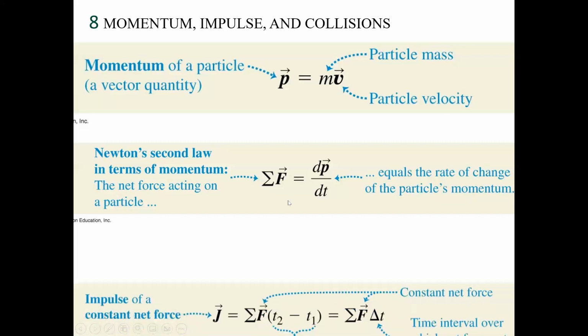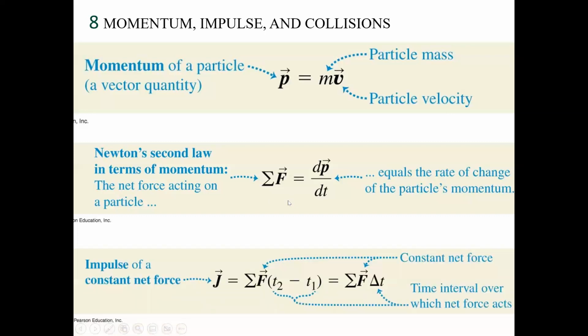Okay. The third equation is about the impulse of a constant net force. It is denoted by J and given by the product of the net force, that is the constant net force acting on the particle, times the time interval. How long does that net force act on a system or particle?